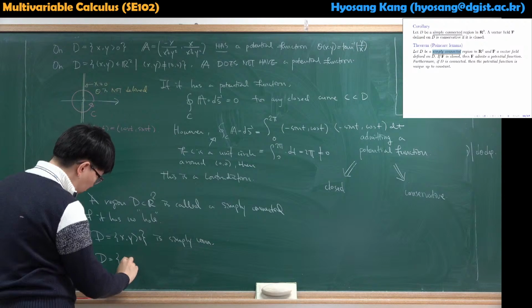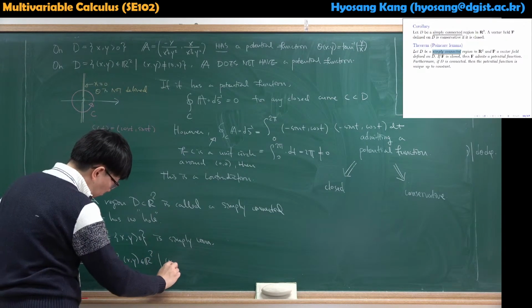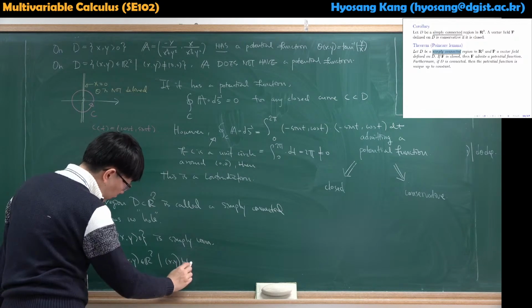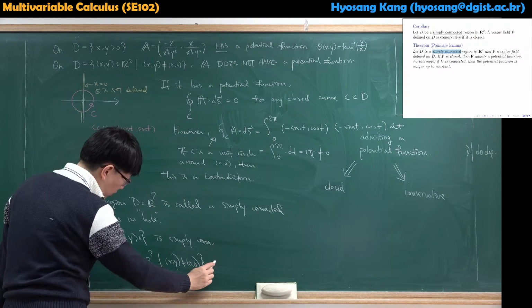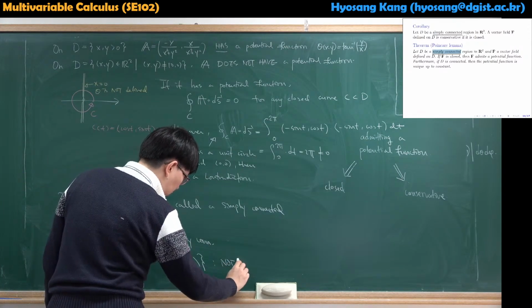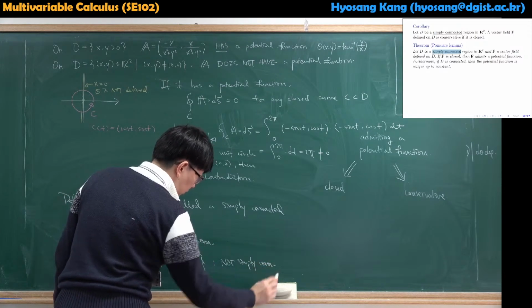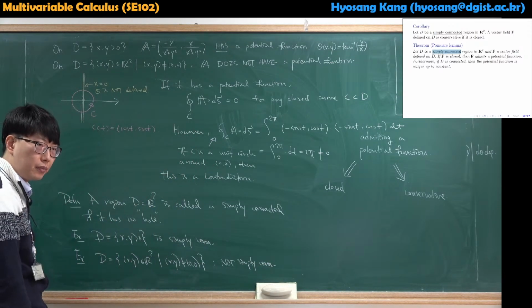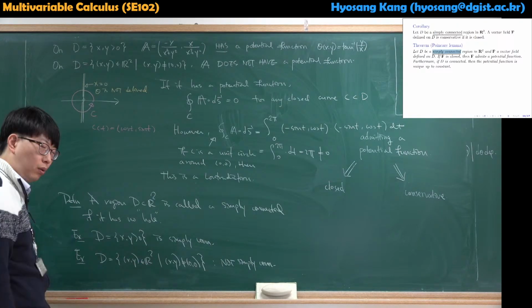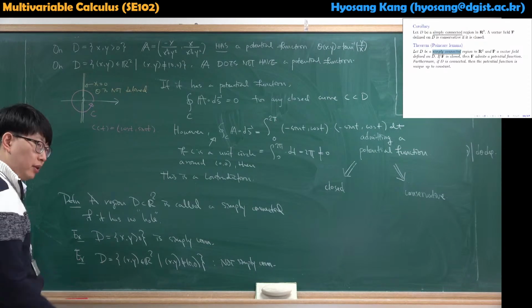So we have x, y inside of R2, but x and y cannot both be 0. This is not simply connected. Why? It has a hole, the origin. The origin is missing inside of the entire domain.